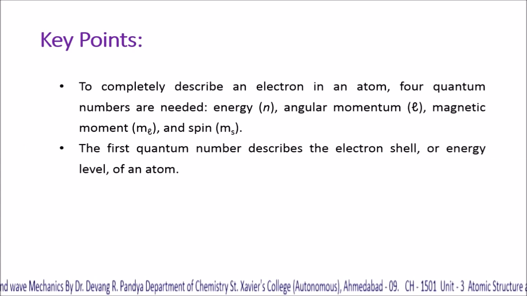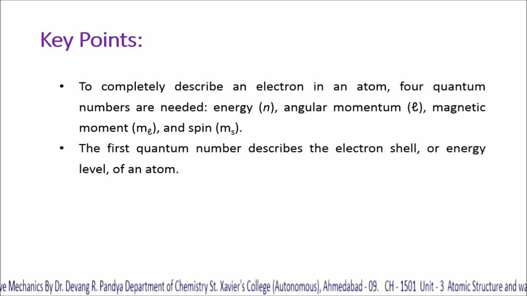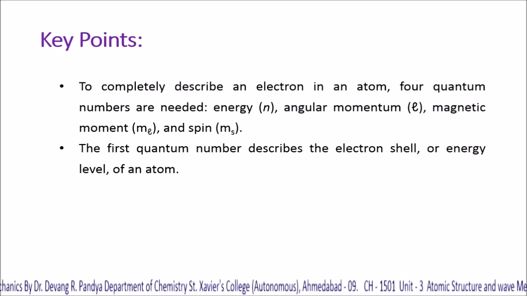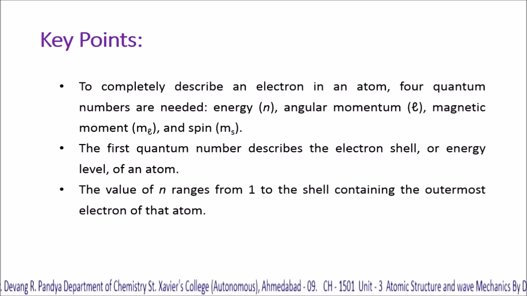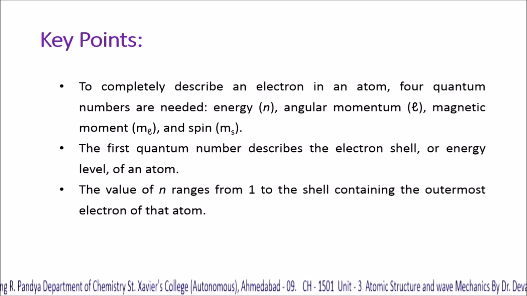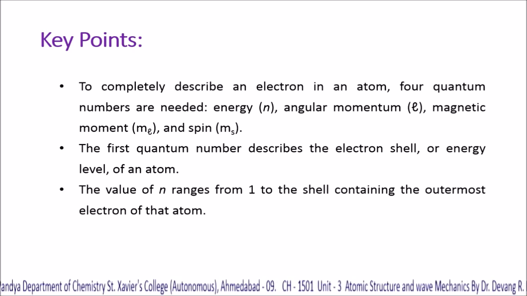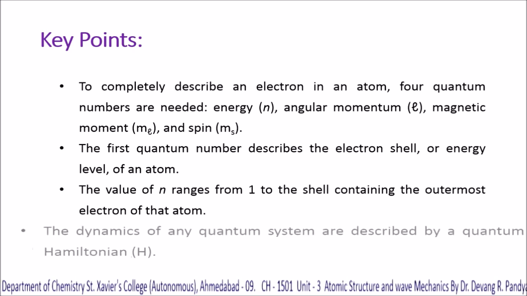The first quantum number describes the electron shell or energy level of an atom. The value of n ranges from 1 to the shell containing the outermost electron of that atom.